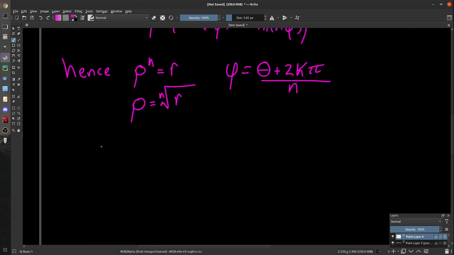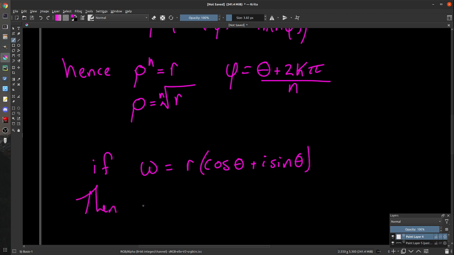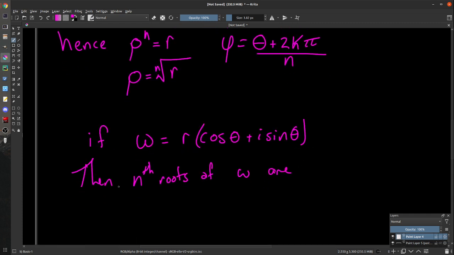Another way you could write this, if you want, is that if omega is r cosine theta plus i sine theta, then the nth roots of omega are the following.